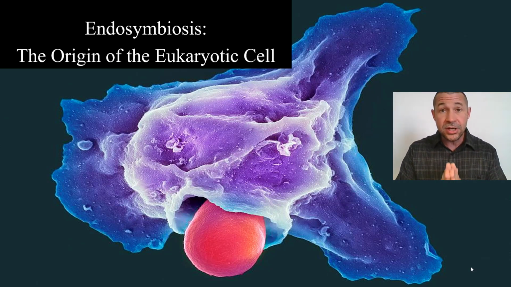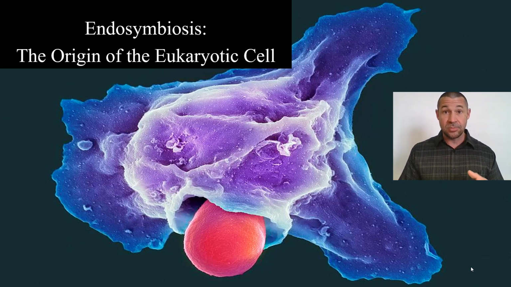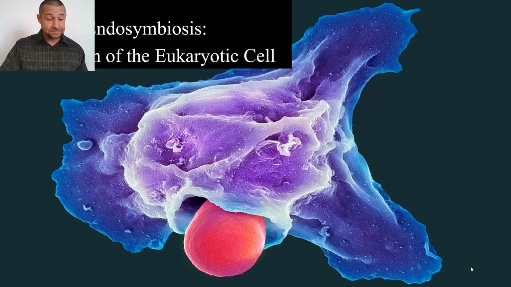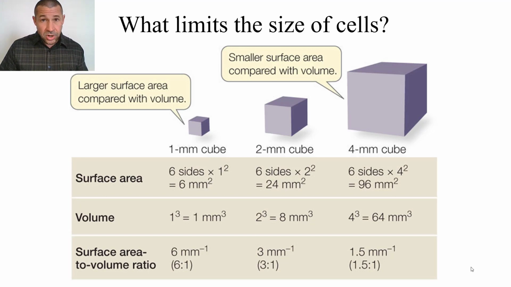So we have very strong evidence for how the eukaryotic cell evolved through these ancient mutualistic relationships between prokaryotes in a process called endosymbiosis.